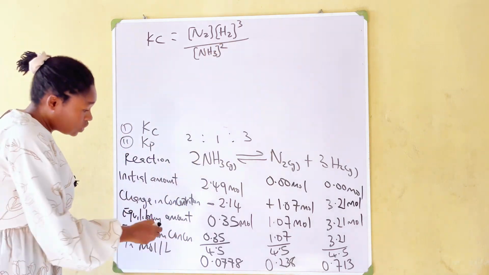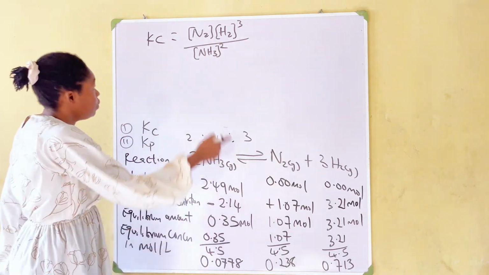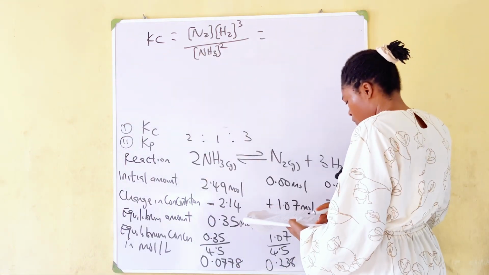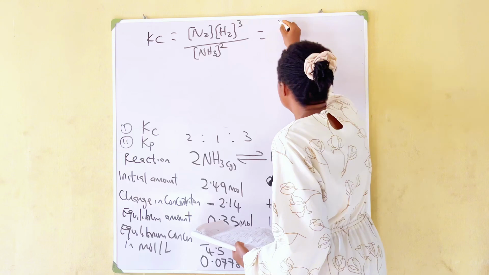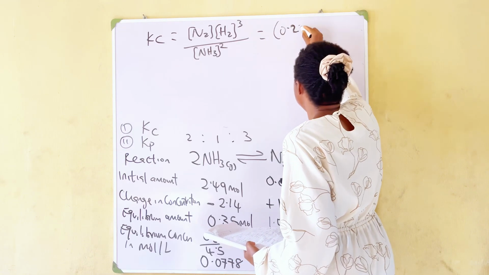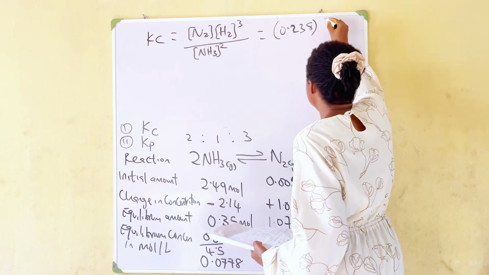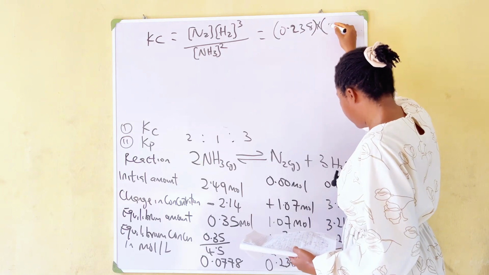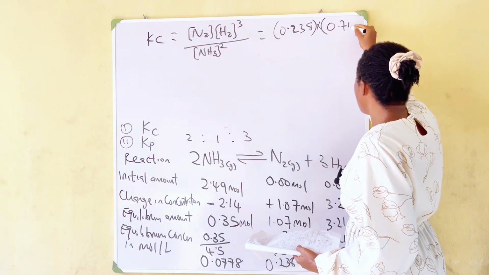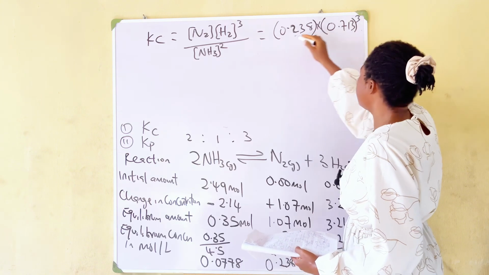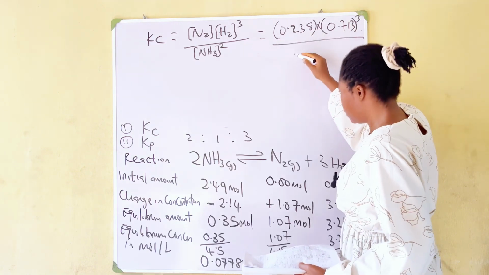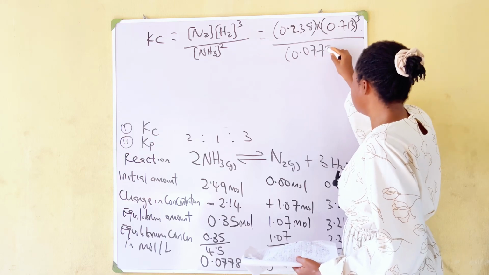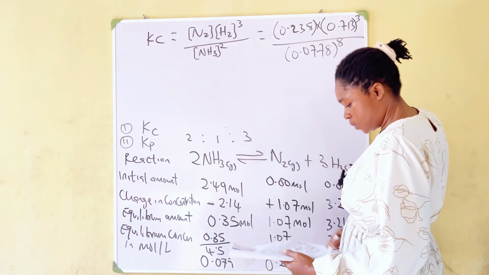So I'm going to substitute these concentration values. We have 0.2238 times 0.713 raised to power 3, divided by 0.0778 raised to power 2.